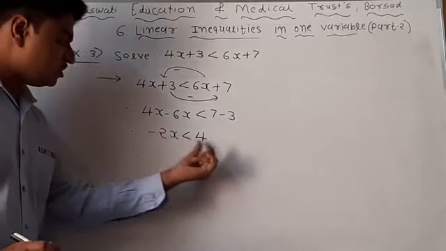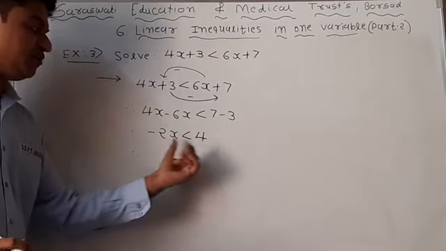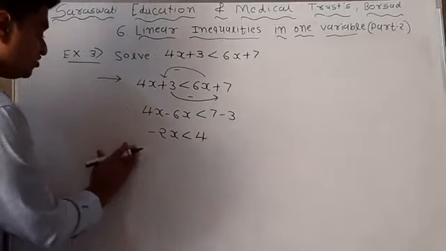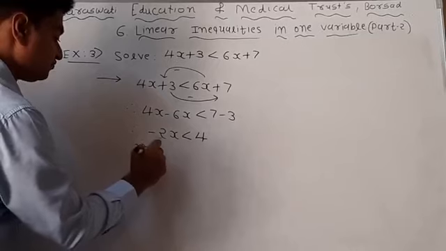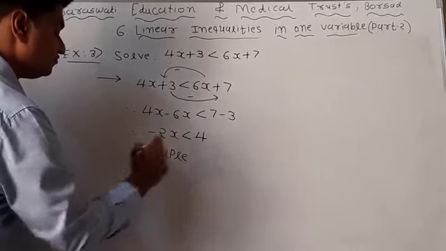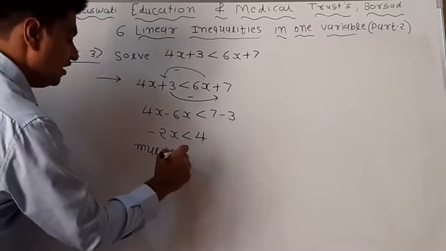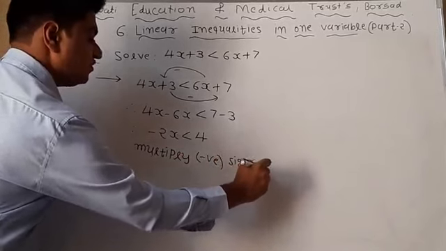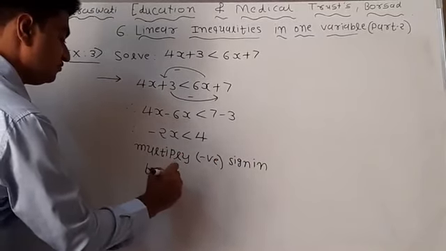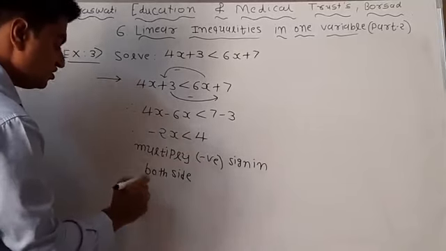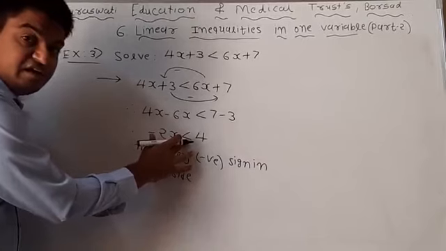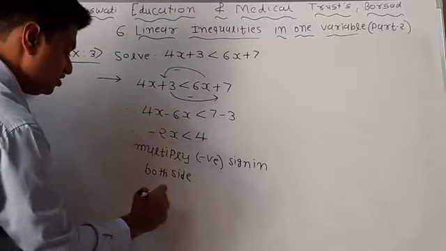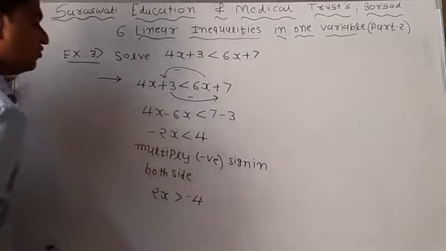Remove this minus sign means multiply by a negative sign on both sides, and in this situation the inequality changes. Less than is replaced by greater than. So minus minus plus 2x greater than minus 4.